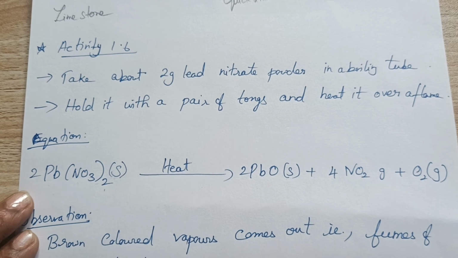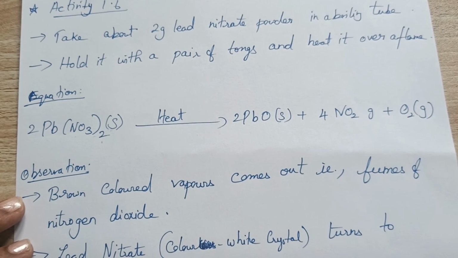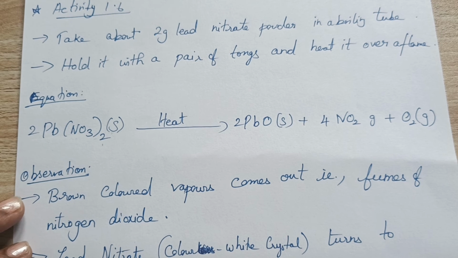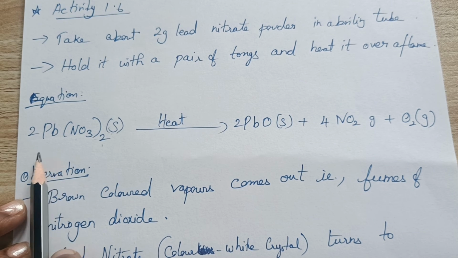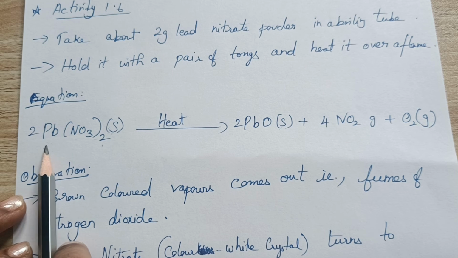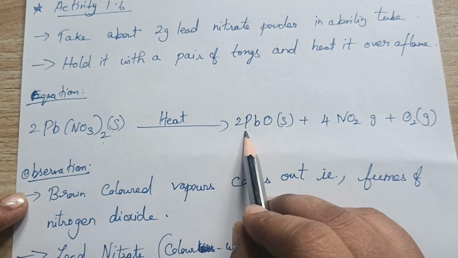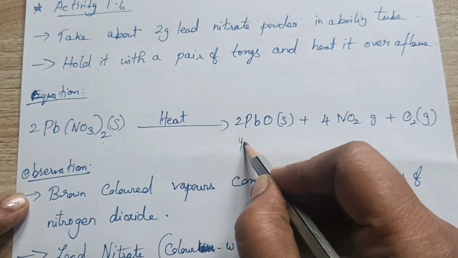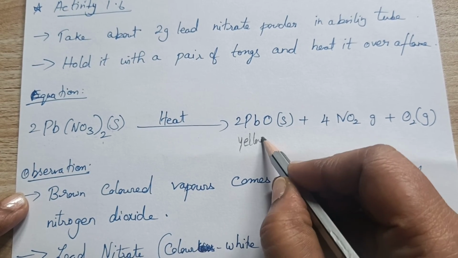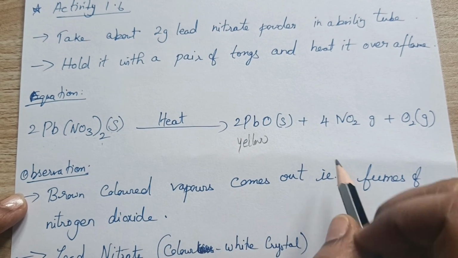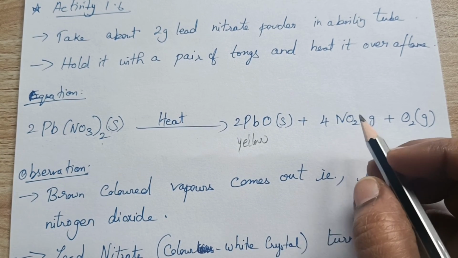This lead nitrate is in the form of white crystals. Upon heating, you will get lead oxide, which is yellow in color. And while heating, you will get dense brown fumes.